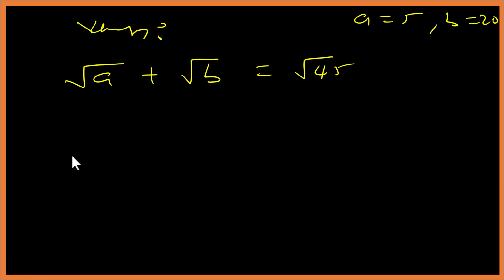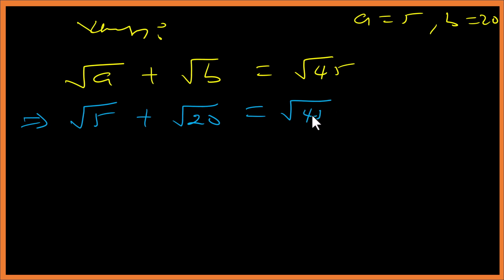Now when a is 5, so we have square root of 5 plus square root of 20 equals square root of 45. So we change this one, 20 is 4 times 5, and this side will be 9 times 5.